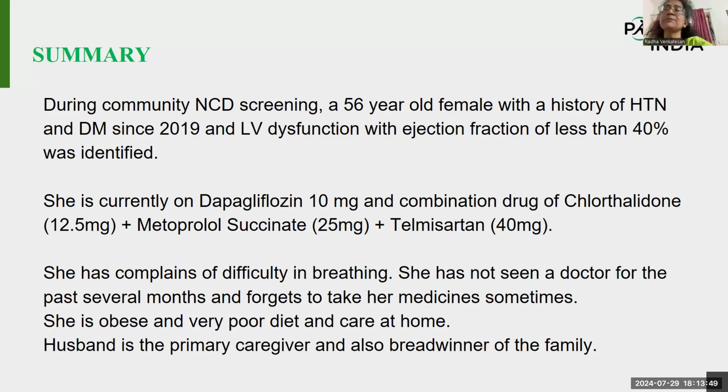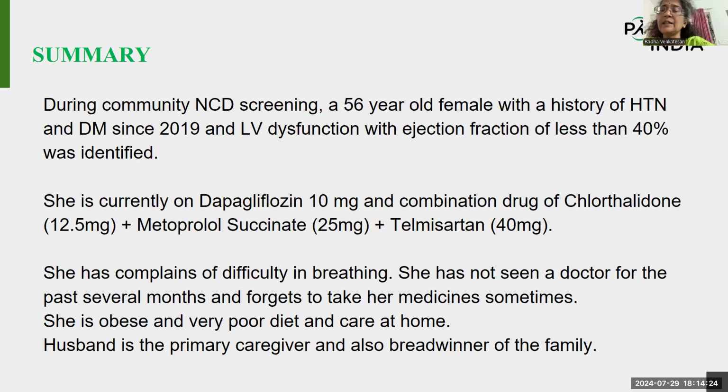Then in 2019, and later LV dysfunction and ejection fraction were identified. Main thing is breathlessness, because the ejection fraction is 40 and on top of that hypertension and diabetes. What end organ damage has already happened is unknown, because she has not been on regular medication and has not seen a doctor for several months.